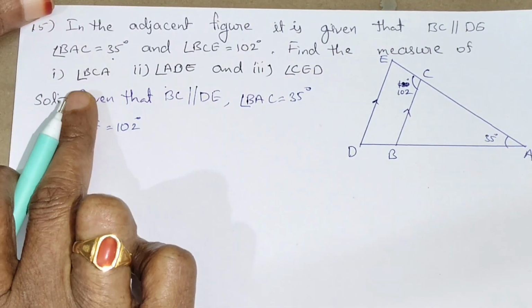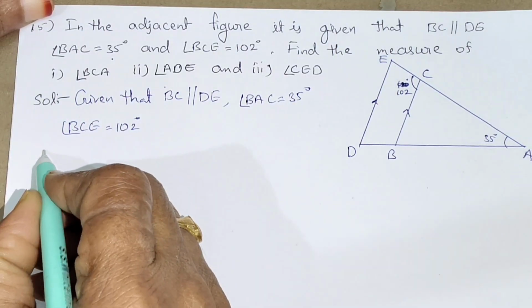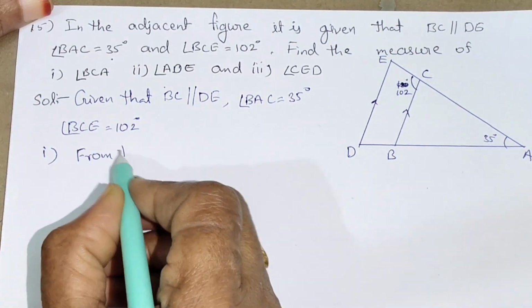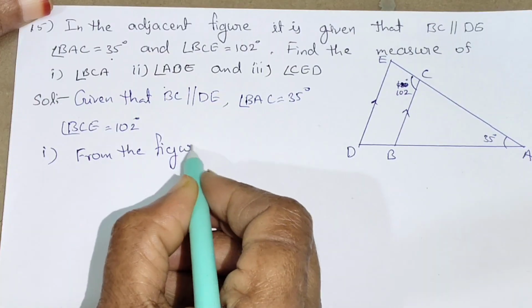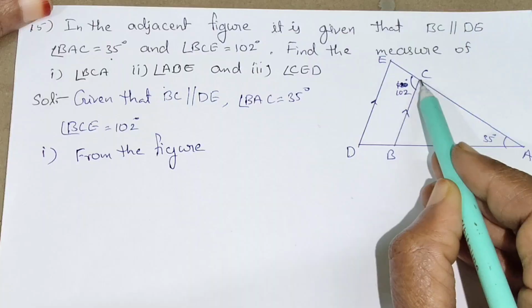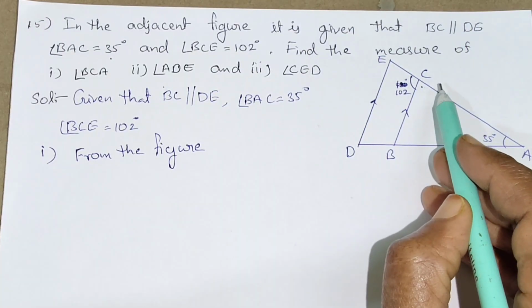Now the first one asks for angle BCA. From the figure, these two angles are a linear pair, so their sum is equal to 180.